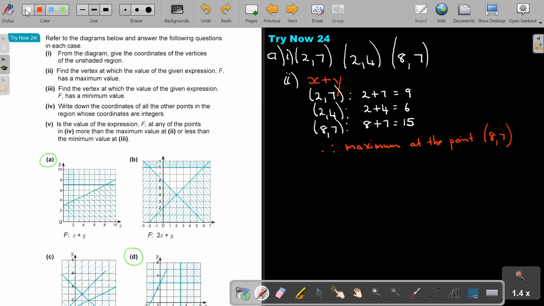I think we can just look at the values. If that was the maximum, then this will be the minimum. So therefore, minimum at the point 2 and 4.